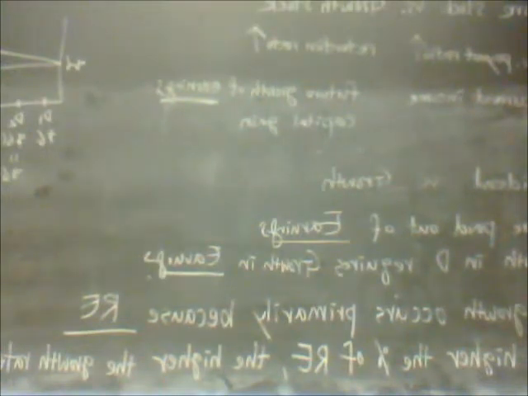D sub 1. How much is the dividend you expect to receive if EPS today is $6? What is it? $6 times 0.75. EPS times 0.75, which is $4.50. Okay, $4.50. So D sub 1 is $4.50.